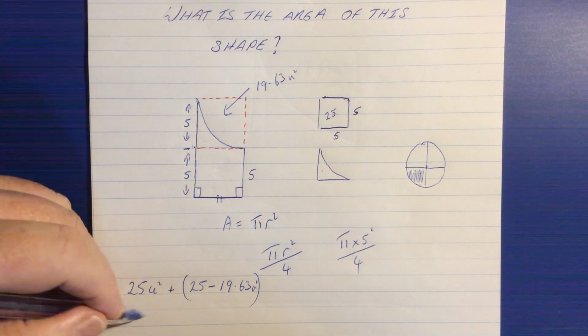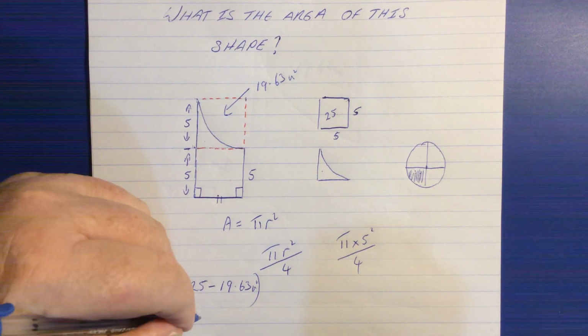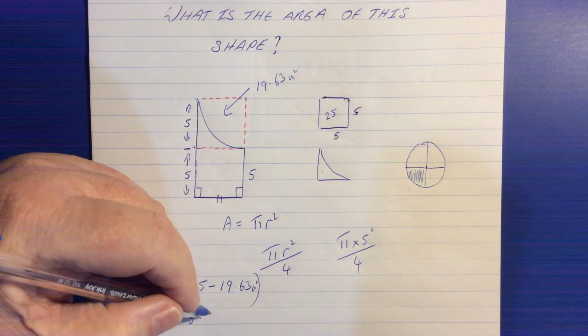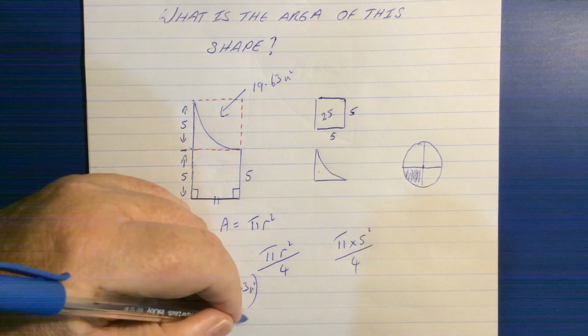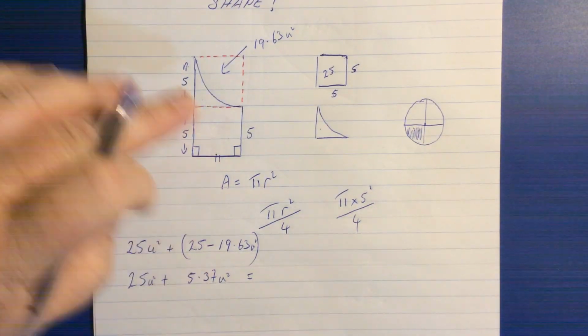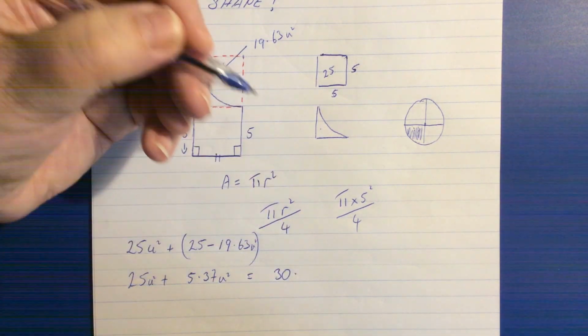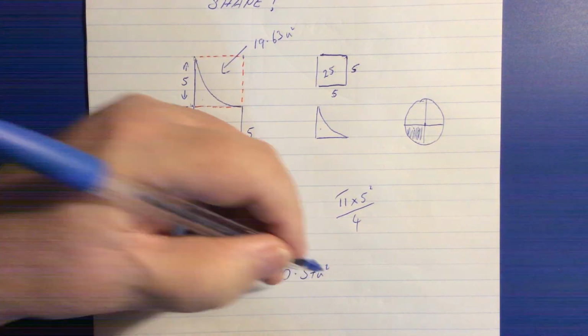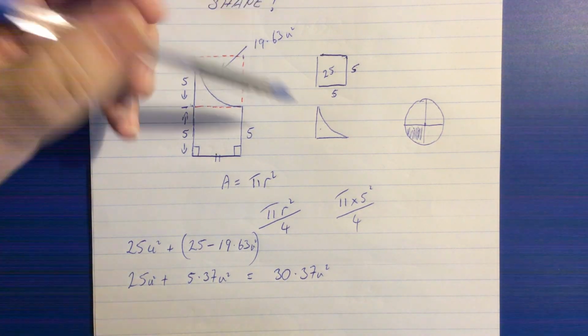So that gives us 25 plus, I'll just subtract the 19, that gives us 5.37 units squared. And so the total area of this shape is 30.37 units squared.